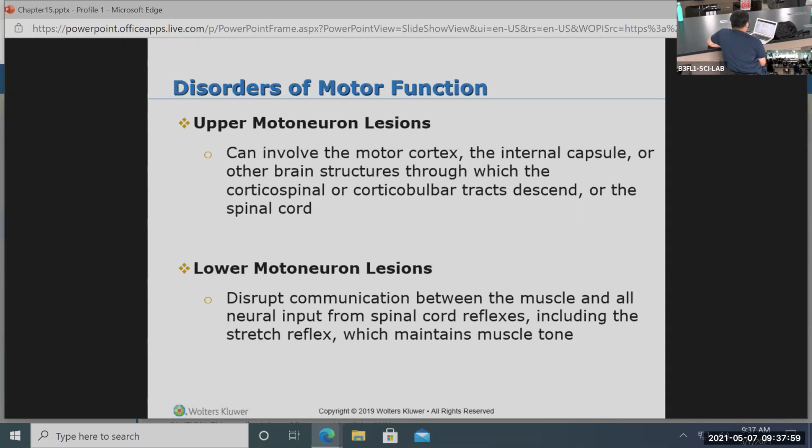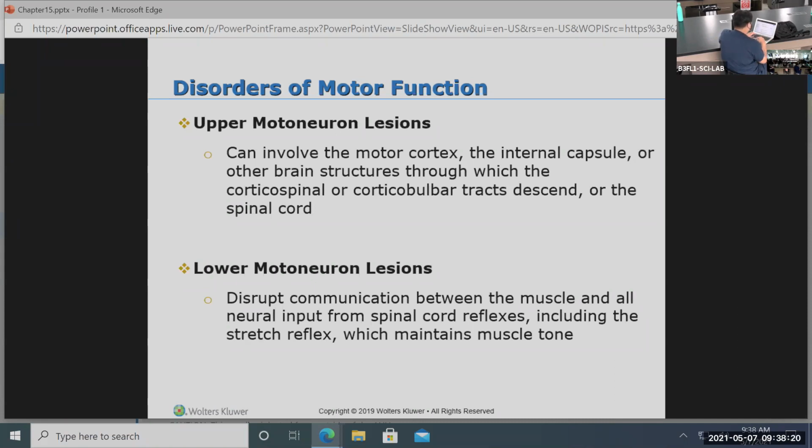Lower motor neurons exit from the spinal cord. Upper motor neurons stay within the CNS. They never come out. And CNS is what? Central nervous system. Brain and spinal cord. They never come out from the spinal cord.